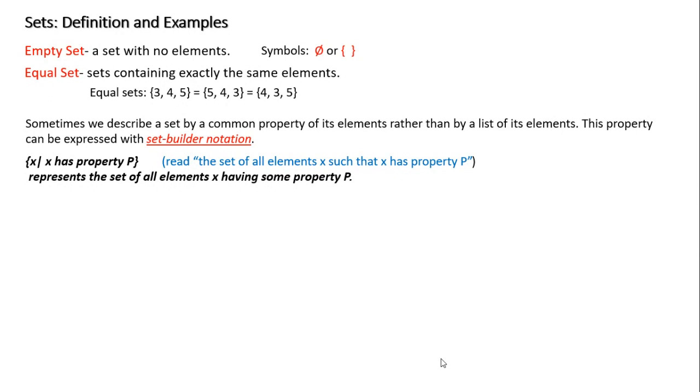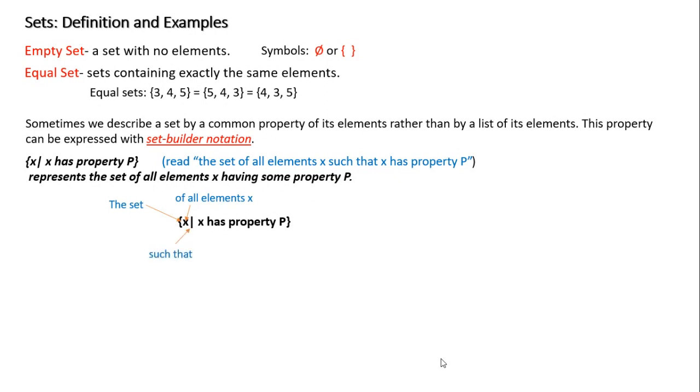So here we have a set in set builder notation. The first thing that you'll see after the squiggly bracket is the name of the set. So this set is set X, and it's talking about all the elements in this set.